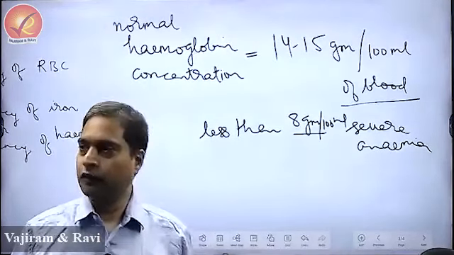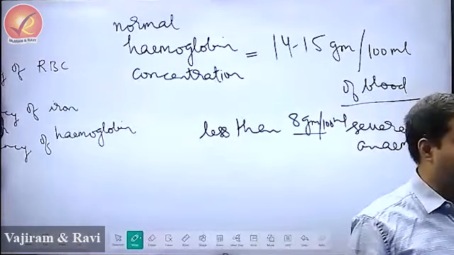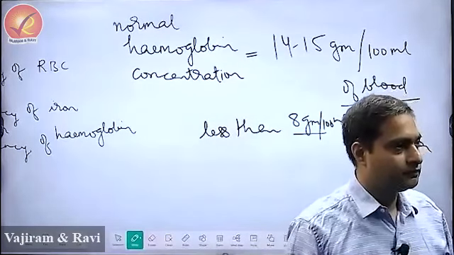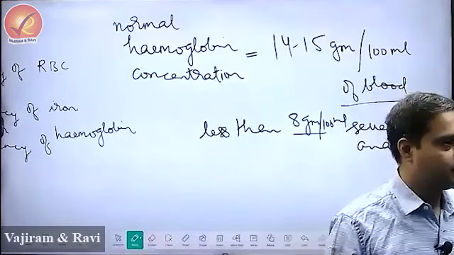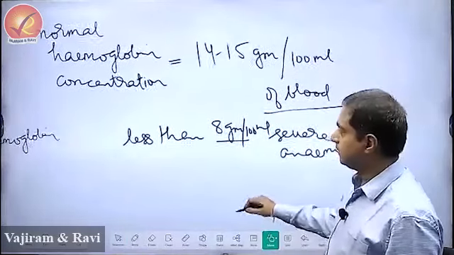To lead a healthy life, you also need some basic data. The most important test a person has to go for immediately is the blood test, the CBC test. Under that, your hemoglobin concentration is vital.